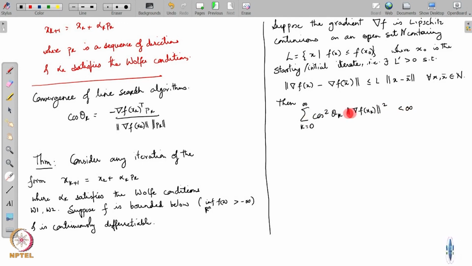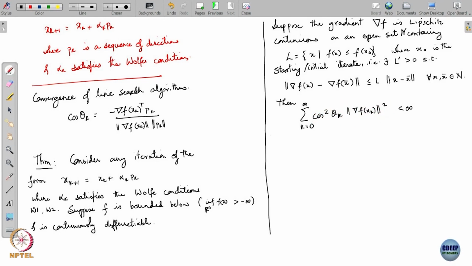Now, this looks like a bizarre technical conclusion, but actually it says a lot in one sentence. Since this is an infinite sum, if that infinite sum is finite, then it means that the limiting term here should be going to 0.